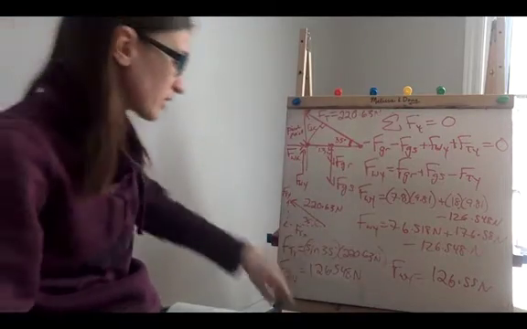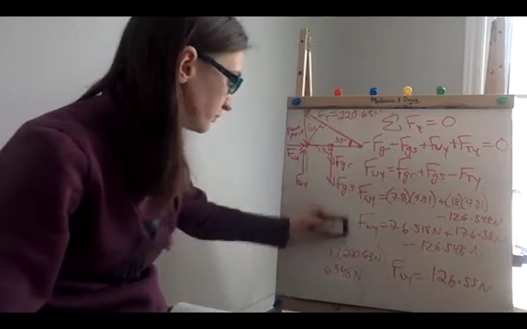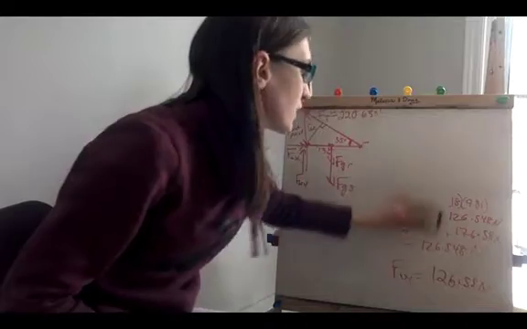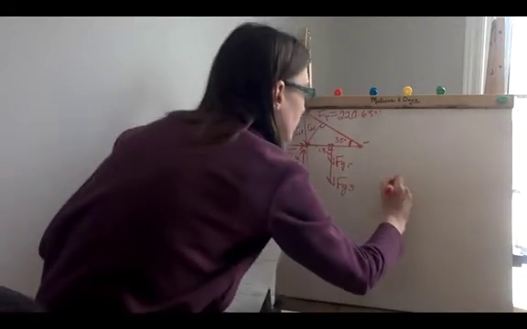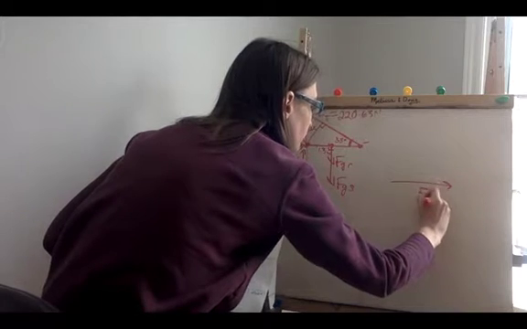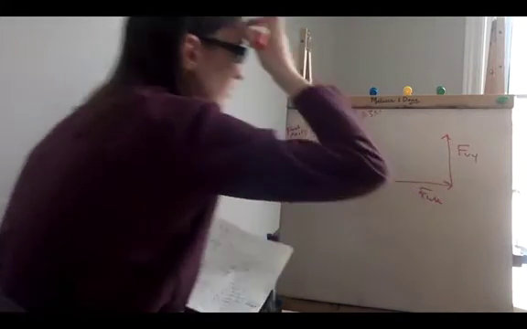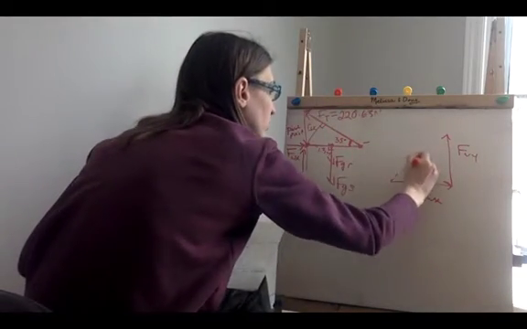Okay, so now you have the force of the wall in the y, and we solved for the force of the wall in the x, so we put it together to figure out the overall force of the wall, and we do that using vector components. Basically what's happening is you've got the force of the wall in the x and the force of the wall in the y, and that solves for an overall resultant.